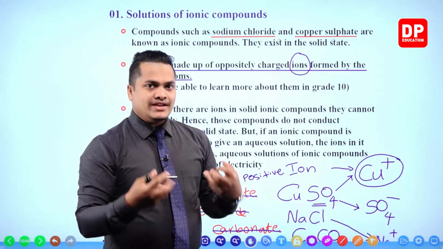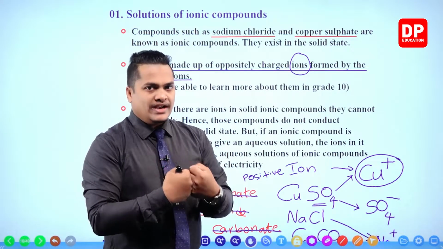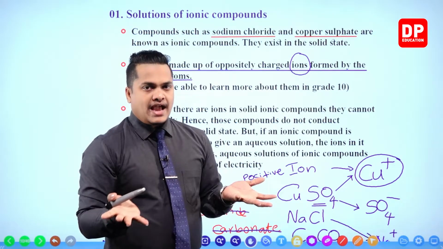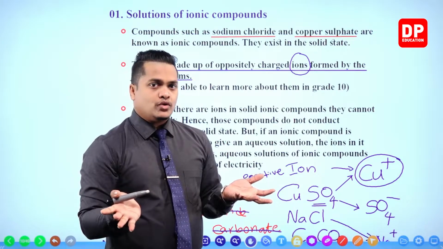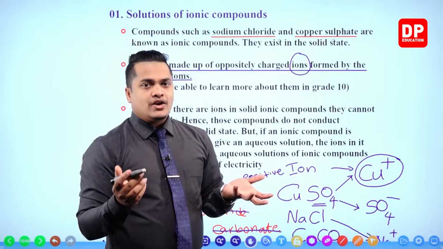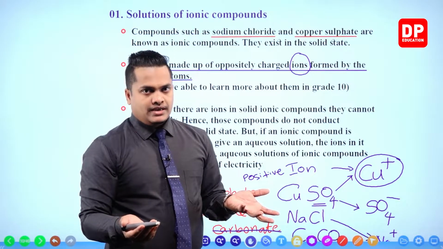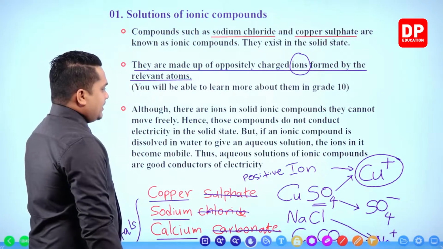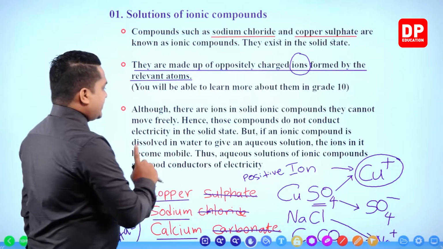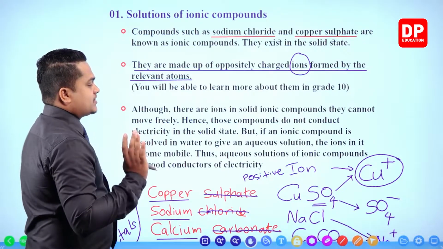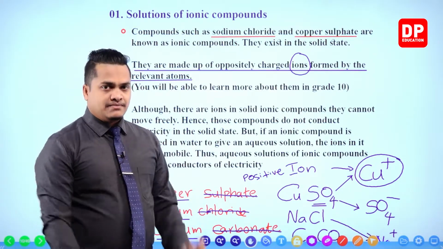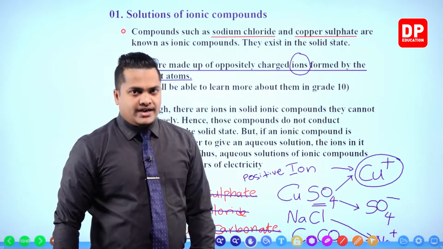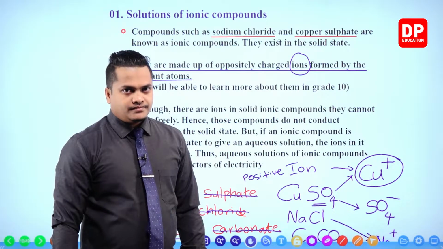When creating a solid, these things are tightly packed, so in the solid state they won't be able to conduct anything, as they are not moving. Hence those compounds do not conduct electricity in the solid state.